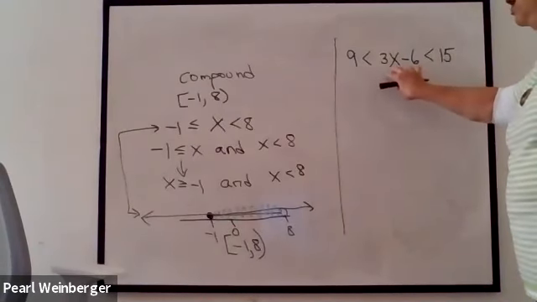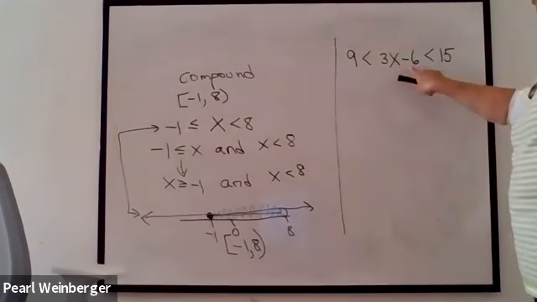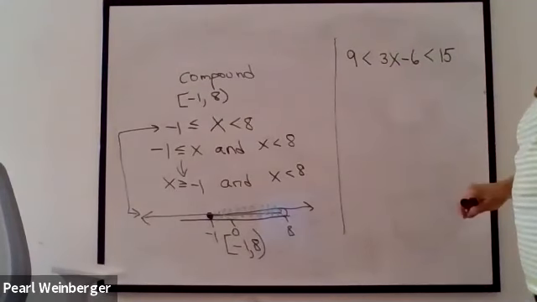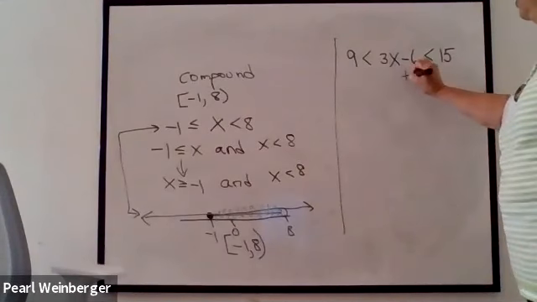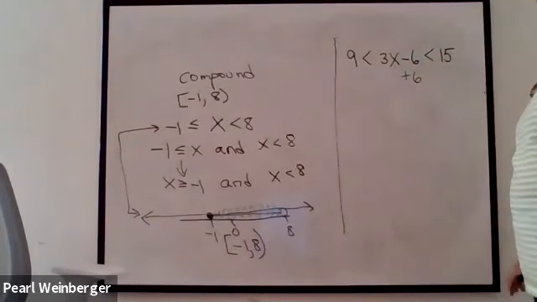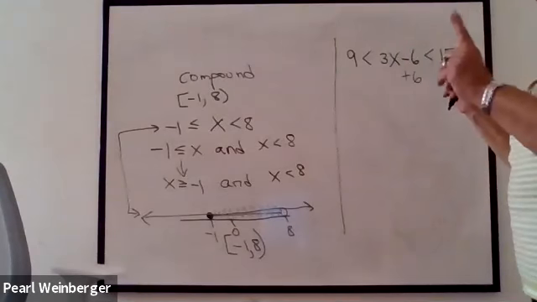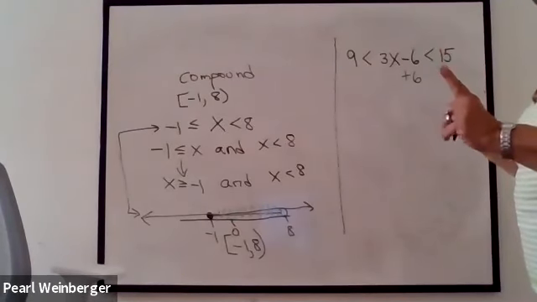So I concentrate on what's in the middle. Remember, I want to get the middle to be just a plain x. So the first thing I want to do is get rid of this -6 here. So I'm going to add 6 to this middle. Now, really think about it, I'm doing two things at once.